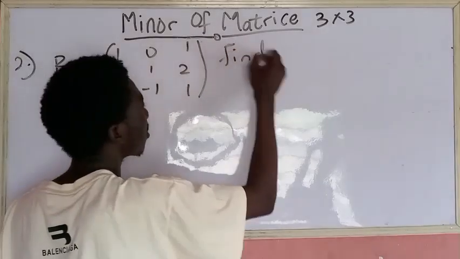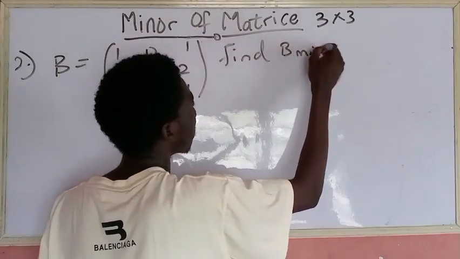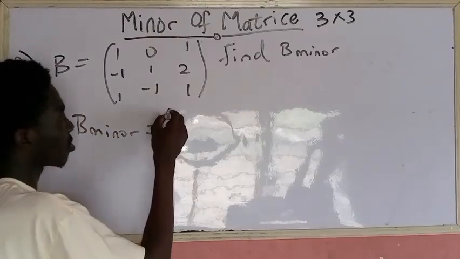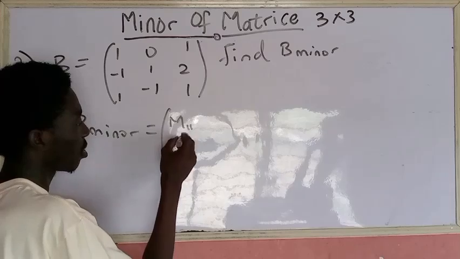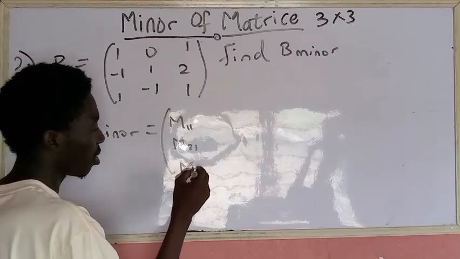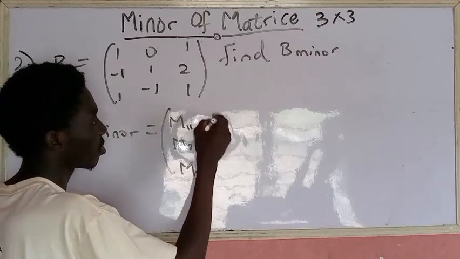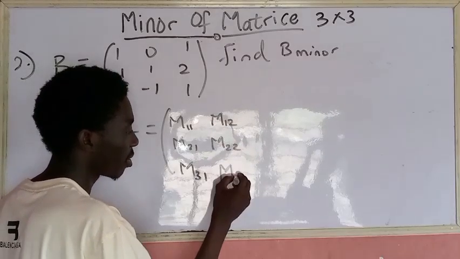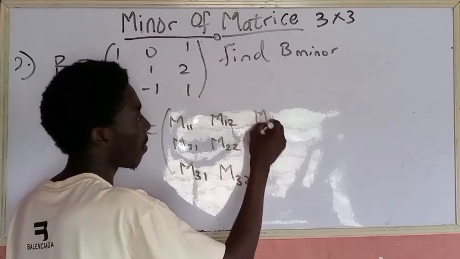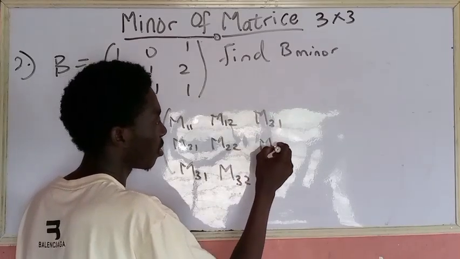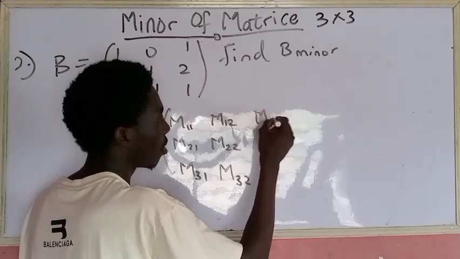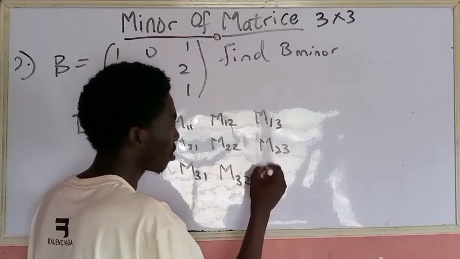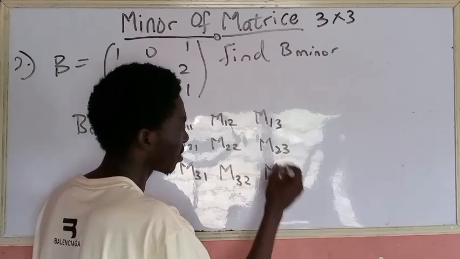Find B minor. So B minor is equal to M11, M21, M31, M12, M22, M32, minor of 31, 1, 3, 2, 2, 3, and 3, 3.